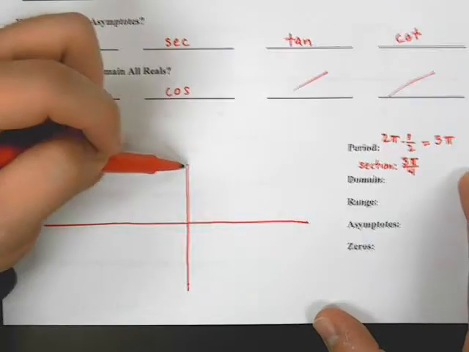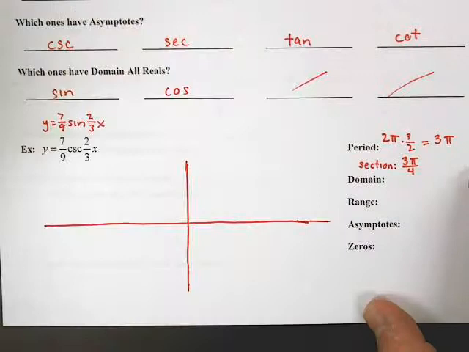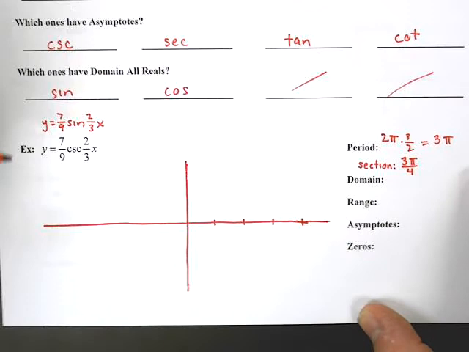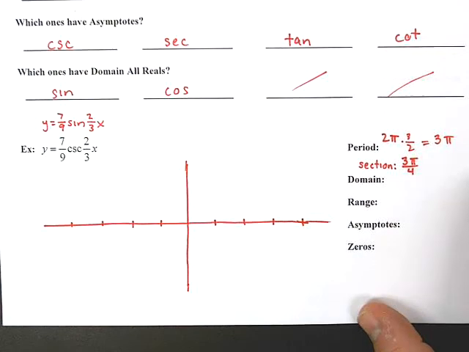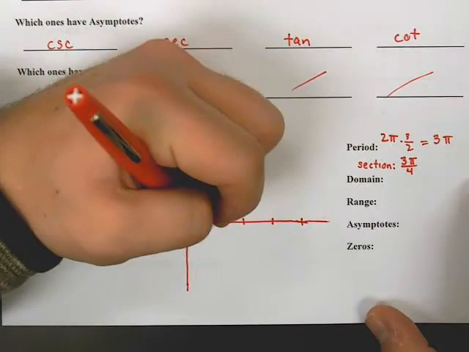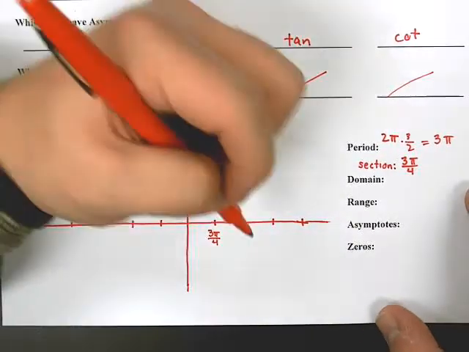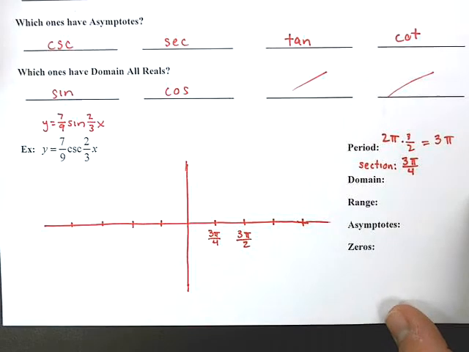Let me make that a little bigger. So now when I tick, I go 1, 2, 3, 4. 1, 2, 3, 4. And I start to label 3 pi over 4. 3 pi over 4 plus another 3 pi over 4 is 6 pi over 4, but I'm going to reduce that to 3 pi over 2.